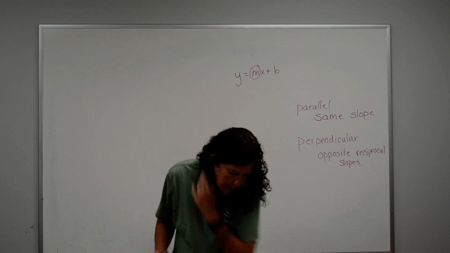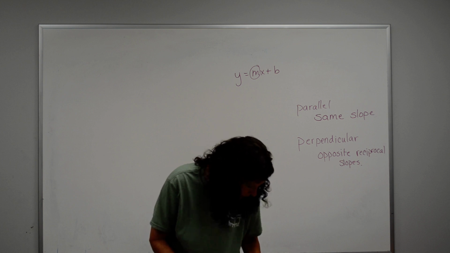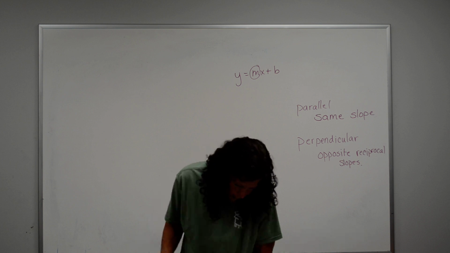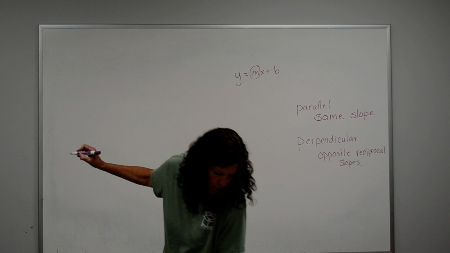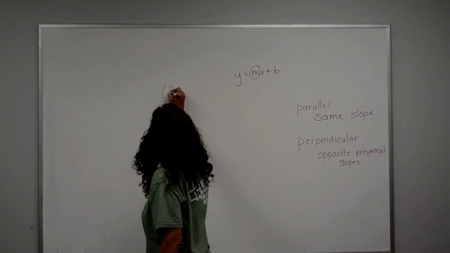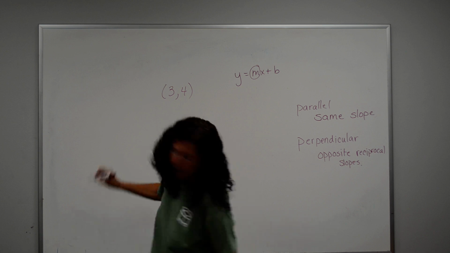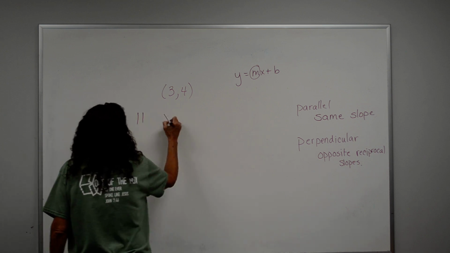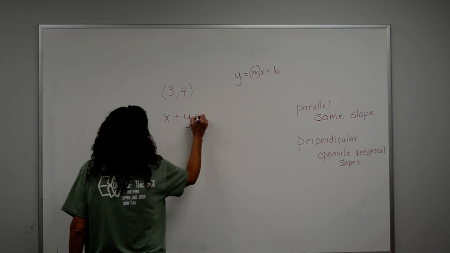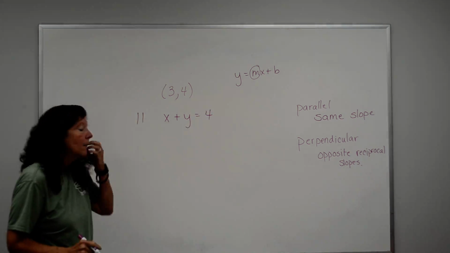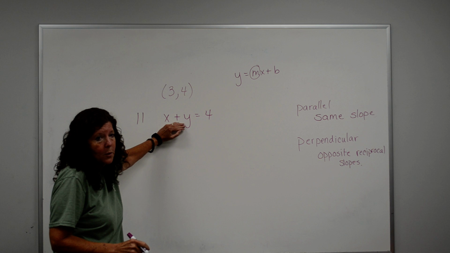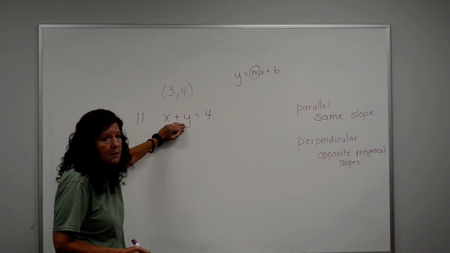Okay, let's say they're telling me to graph the line that goes through the point 3, 4 and is parallel to x plus y equals 4. Now, the only reason why I need this equation is because I need to find my slope.